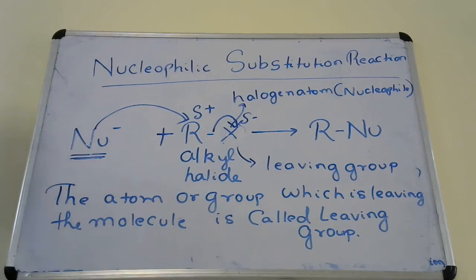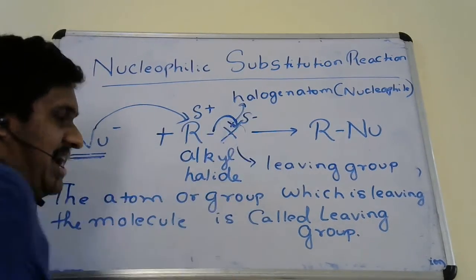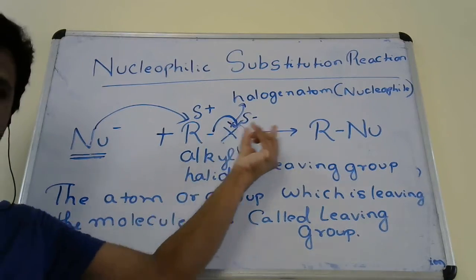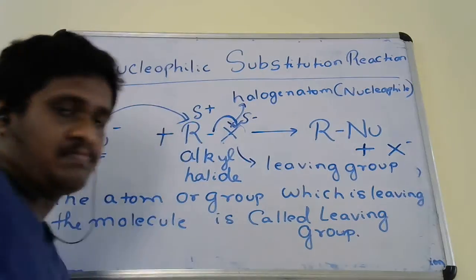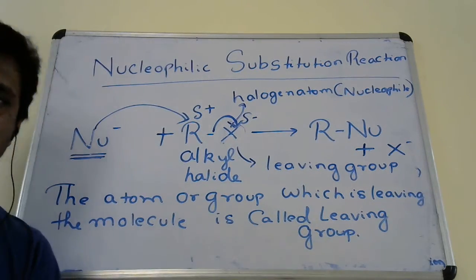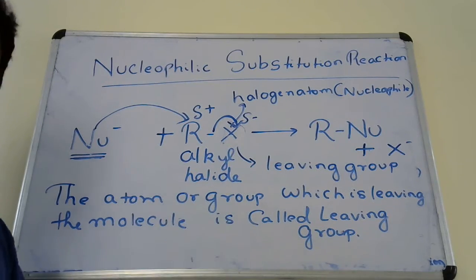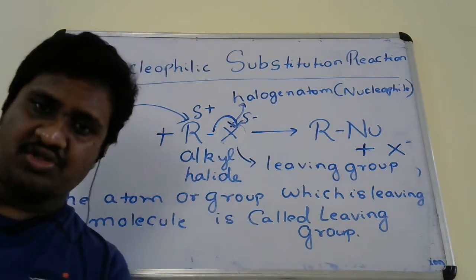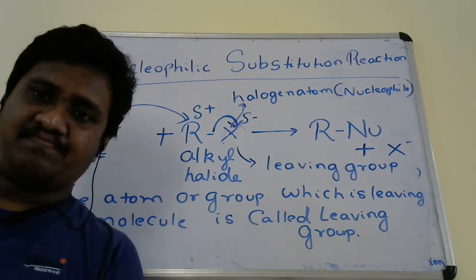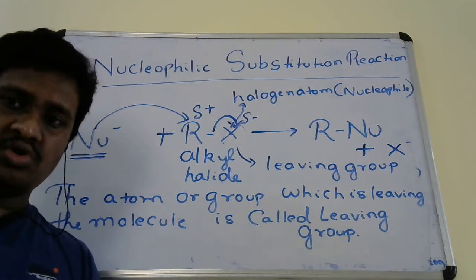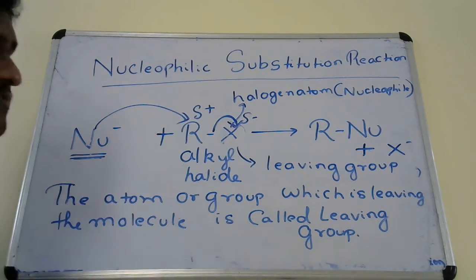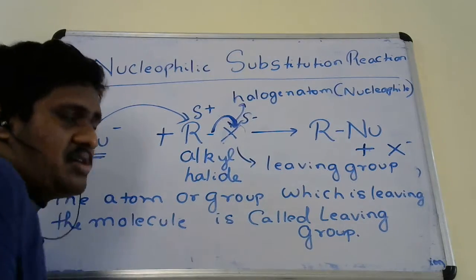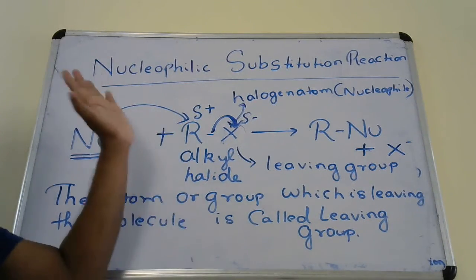The halogen is removed. You can see the arrow movement. The halogen with the shared pair of electrons is getting removed. X means halogen, but sometimes a group of atoms can also leave. That atom or group of atoms which is leaving the molecule with its shared pair of electrons is called the leaving group, because it is leaving the system.